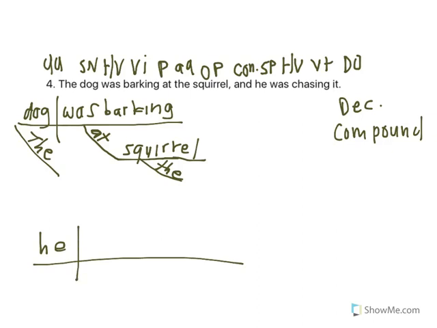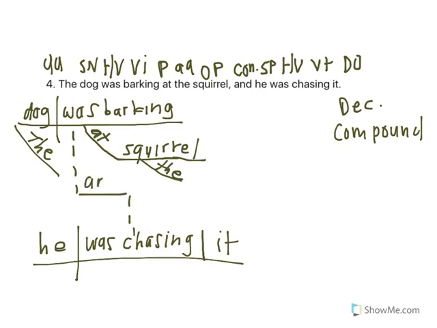He is our subject pronoun doing the action. Was chasing it. Our helping verb, helping out the sentence to make sure it makes sense. He was chasing what? It, our direct object. So here we're going to connect our verb phrases with our sweet coordinating conjunction, who sits on a platform, place of honor. The dog was barking at the squirrel and he was chasing it. So there you go. That's another compound sentence. You guys are doing great.